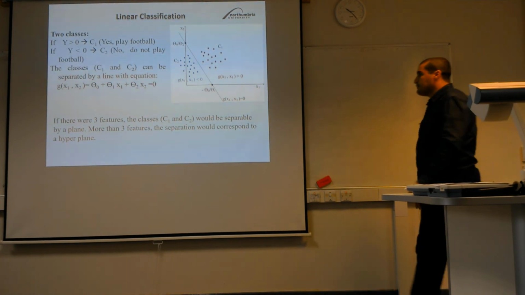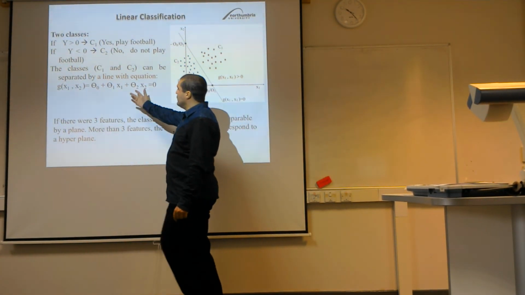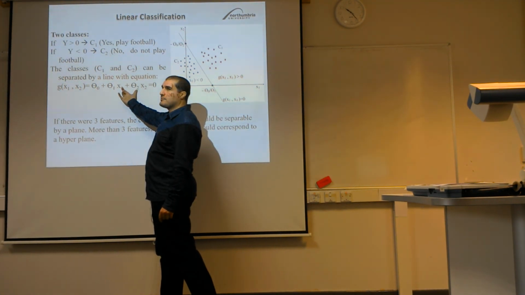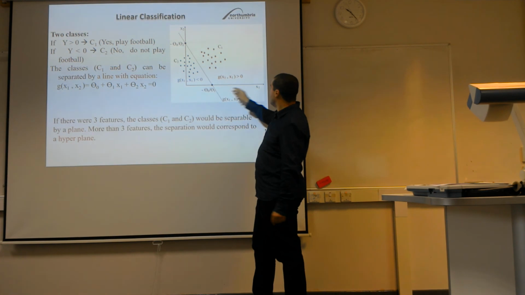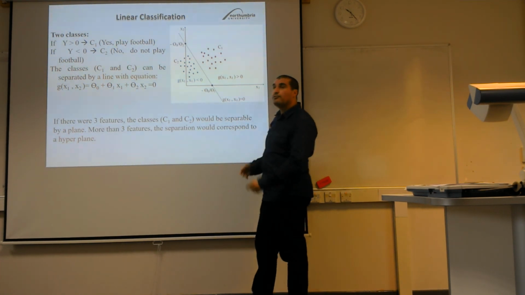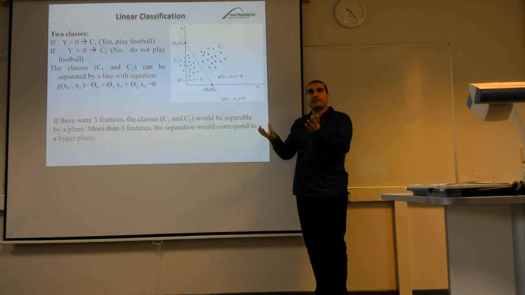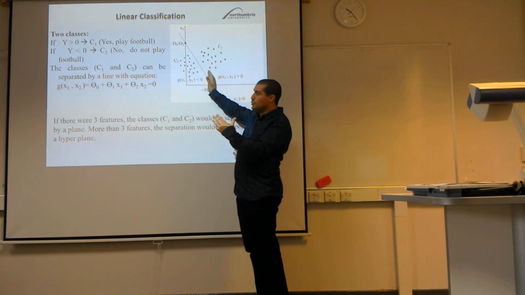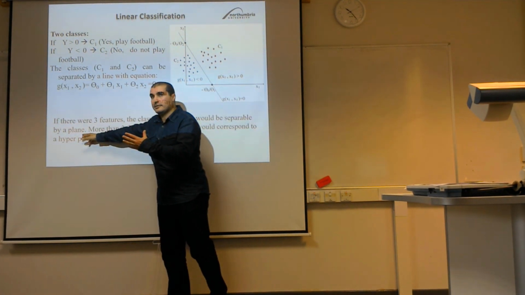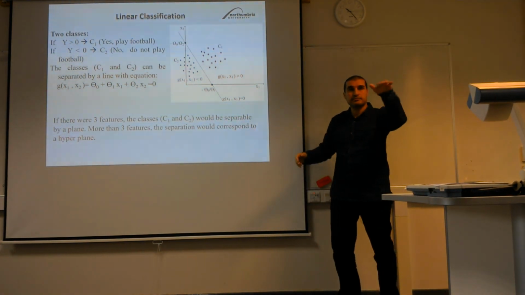Because this is a two-dimensional system, we have two features, so we can represent it in 2D. So we have x1 and x2. Now if we have three features, we can still represent it in 3-dimensional space. And in this case, the separating line will be called a plane, because we'll have a space like this room.